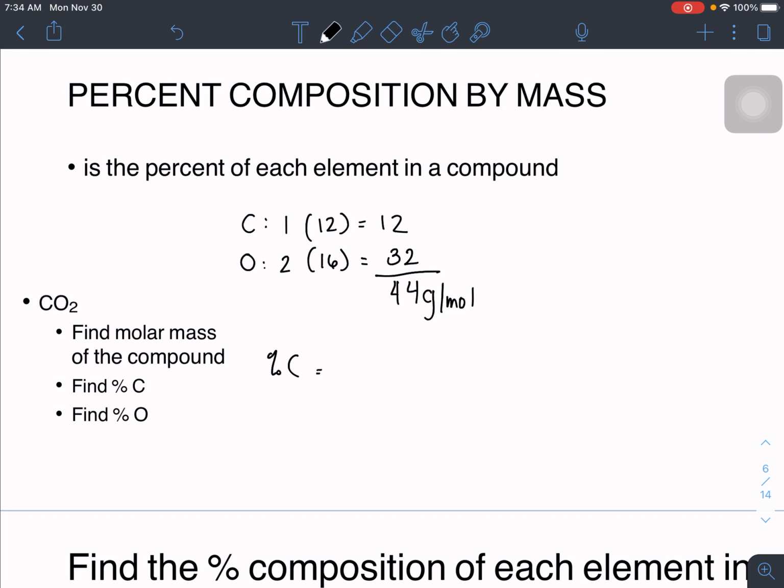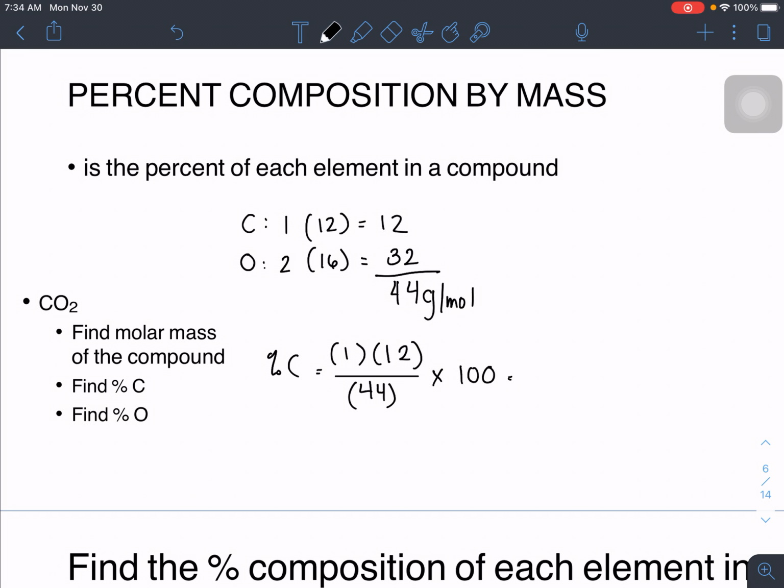Based on the chemical formula, there is only 1 carbon multiplied by the mass number of carbon, which is, I am sorry, 12, all over the total molar mass, which is 44, multiplied by 100.